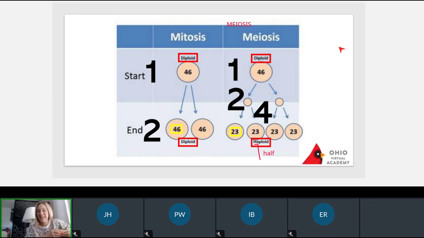You're not missing any information. Yes, it is inheritable. That means it does run in families. It is genetic, okay? However, it's not because you have too much or too little DNA or information, right?